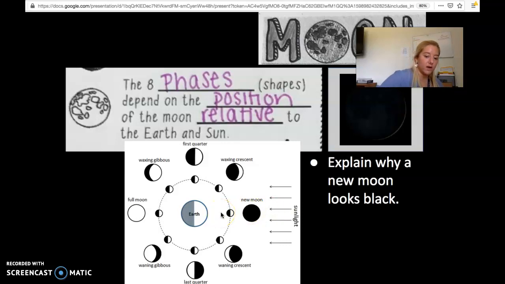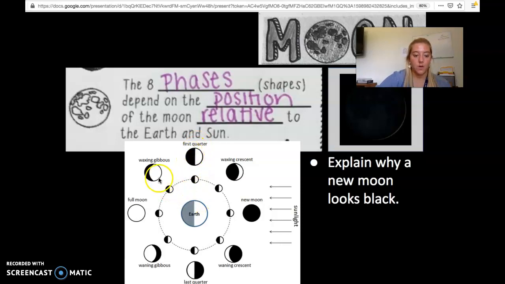So it's dark, right? So what we do see here on the moon, if we were looking at a waxing crescent moon, right here, is actually what is reflected from the sun. Okay? So when the moon is in a waxing crescent, we can only see a little bit of the sun's reflection.